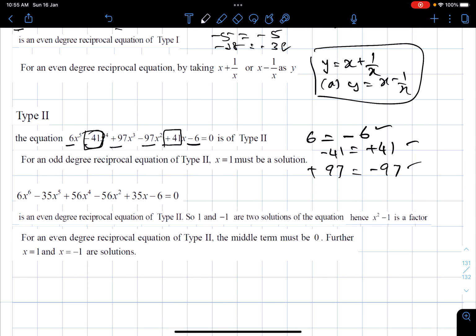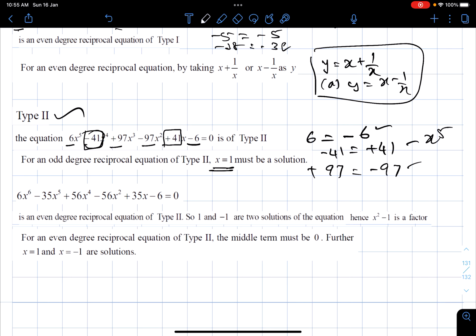If the left hand side it is plus, right hand side it is minus. Here left hand side is minus and right hand side is plus. So when the numbers are equal and the sign opposite, it is called type 2. And here degree x power 5, so this is of odd degree. So when you take odd degree of type 2, your ready-made solution is x equal to 1 must be a solution.